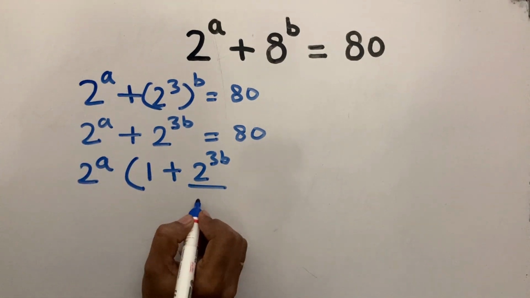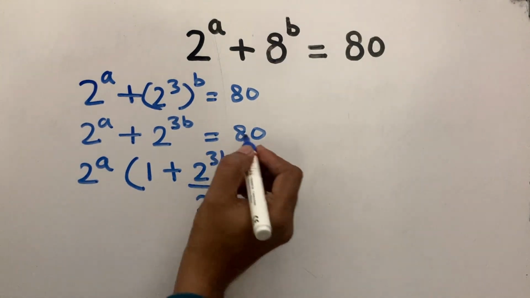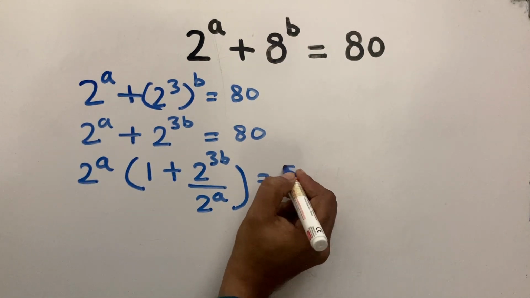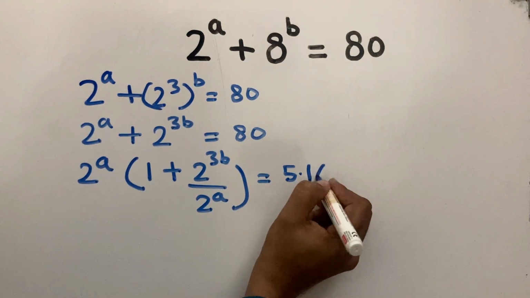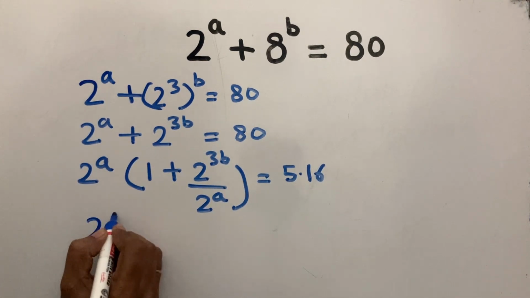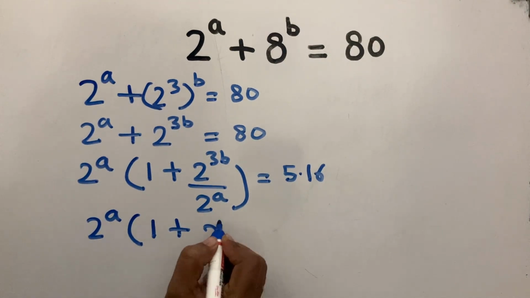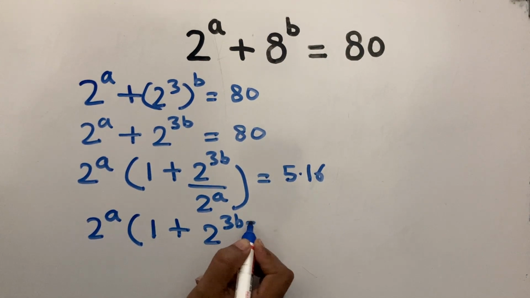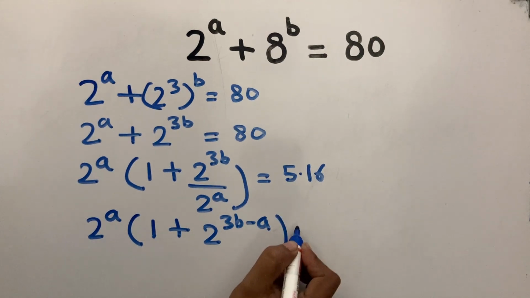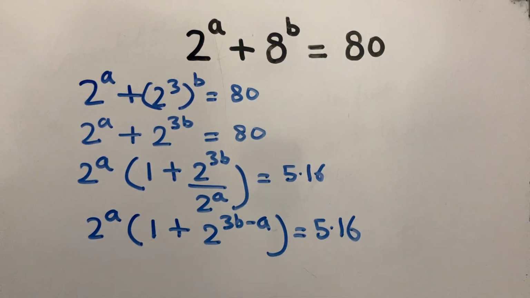80 is equal to 5 multiplied by 16, which is equal to 2^a (1 + 2^(3b - a)) = 5 × 16.